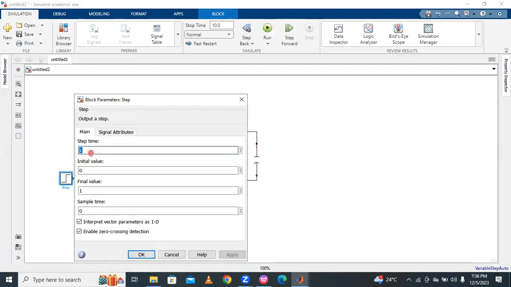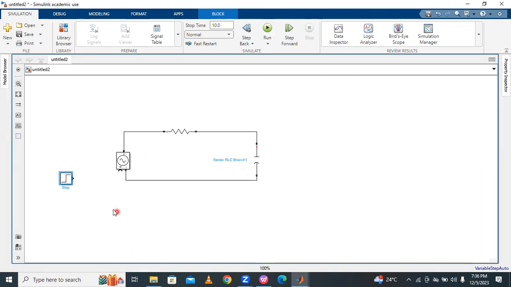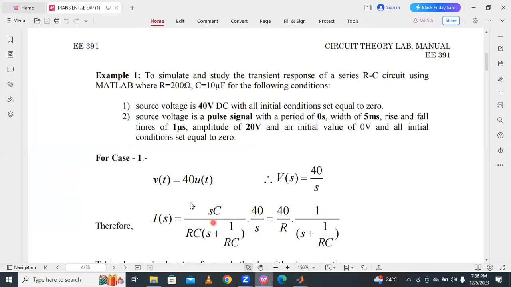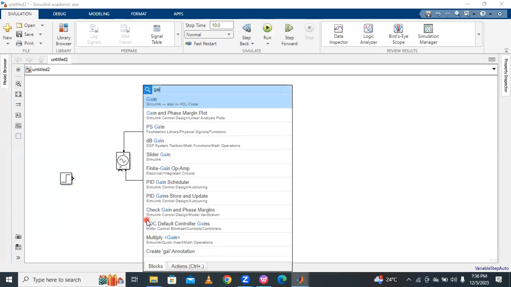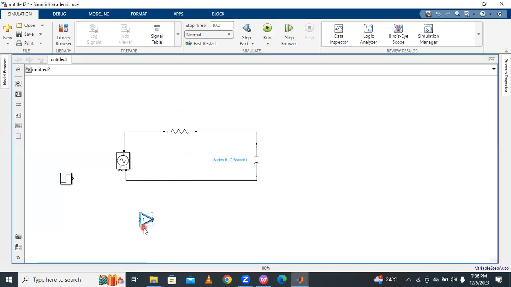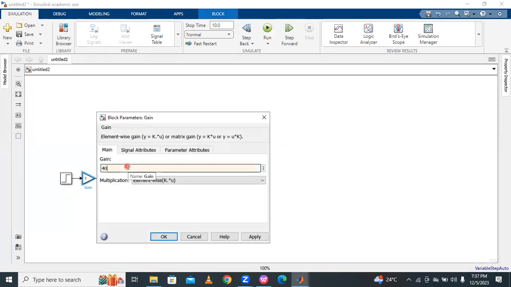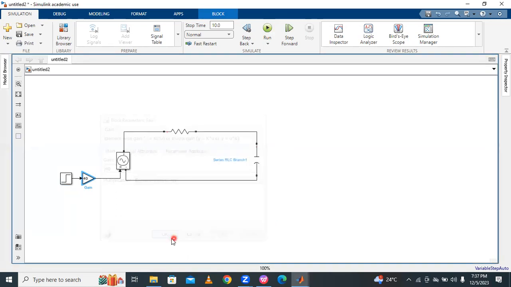Open the step input, it starts from 0 onwards. Step time is 0, initial value 0, final value 1. Apply, OK. And then the amplitude of the DC voltage is 40. So take one gain, place it here, multiply by 40, and change the gain to 40, then apply OK.